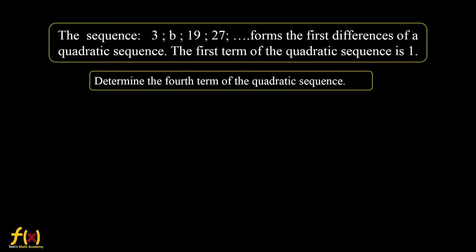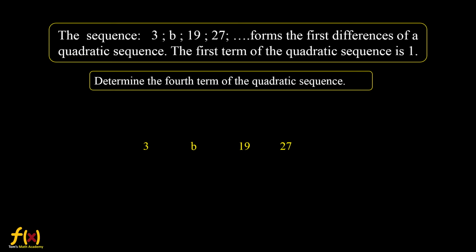Okay, let us start from the first differences, that is 3, b, 19, 27. Okay, we are trying to do few good questions. From them you must know the methods and techniques to answer the questions from quadratic sequences.